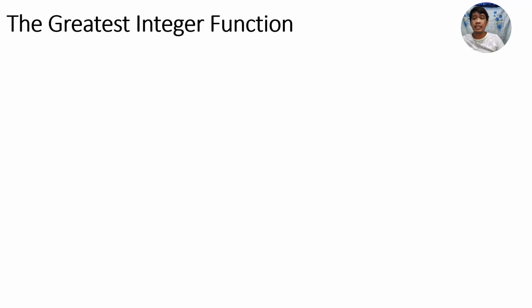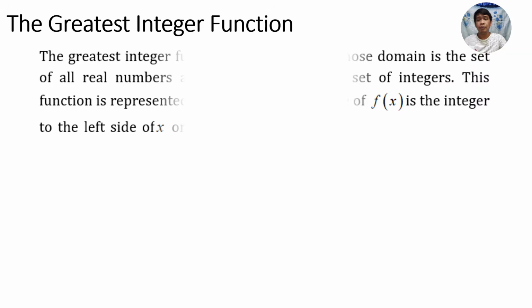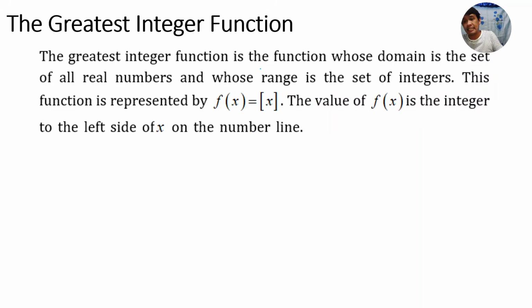So, let's proceed with the next, which is the greatest integer function. So, ang sabi dito, the greatest integer function is the function whose domain is a set of all real numbers.